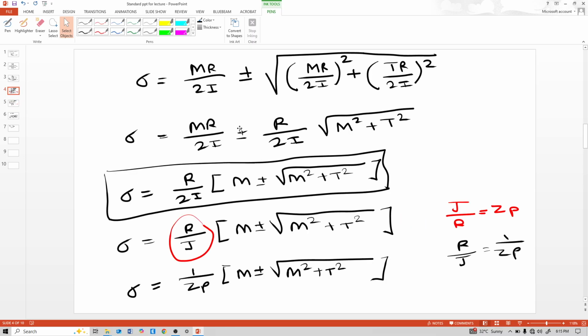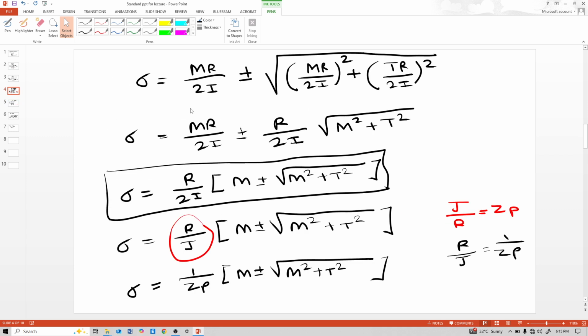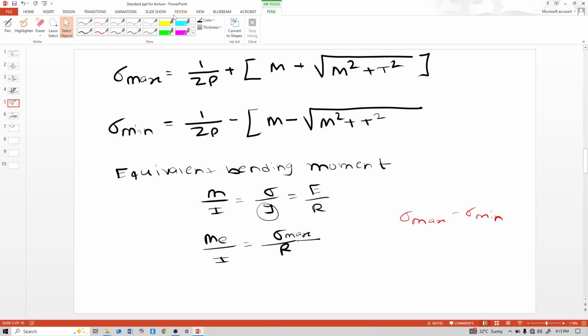I think here also we made a mistake. This is 1 by Zp, and this is not plus minus; this is a multiplication symbol.